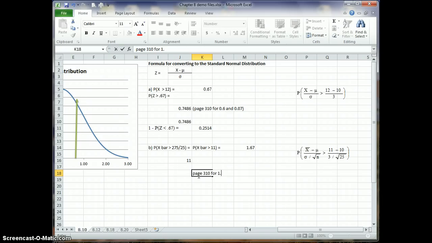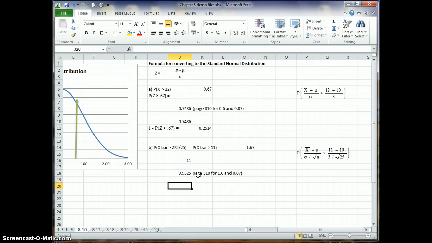For 1.6 on the row and 0.07 on the column, we go to page 310, that's table 3, and we go down to 1.6 and then across to 0.07, and you see that at 1.60 it's 0.9452, but when we go over to 0.07, it's 0.9525.